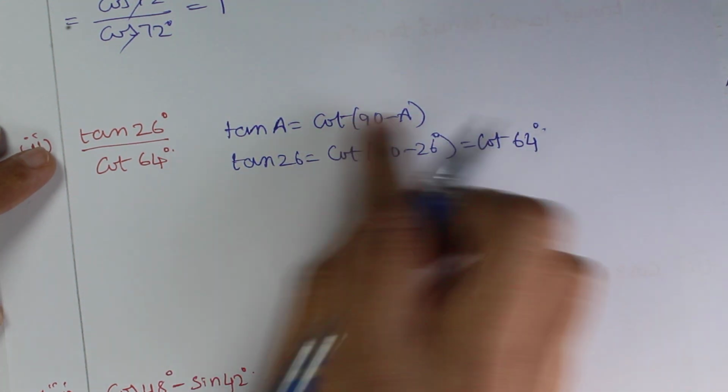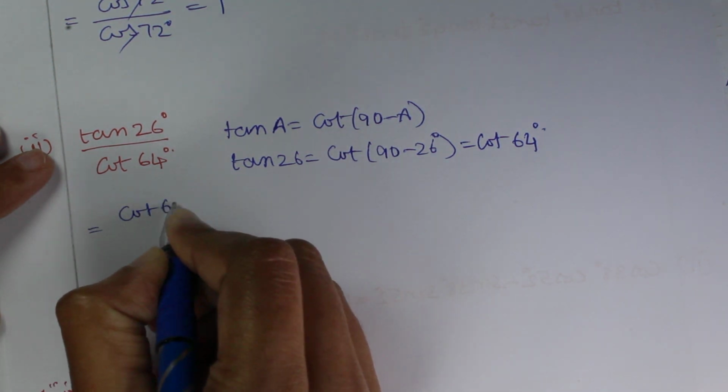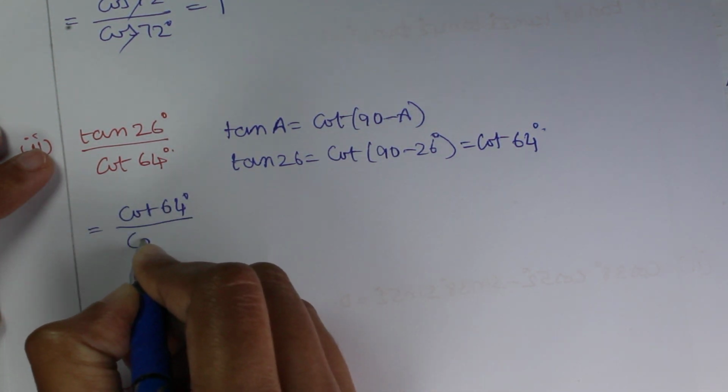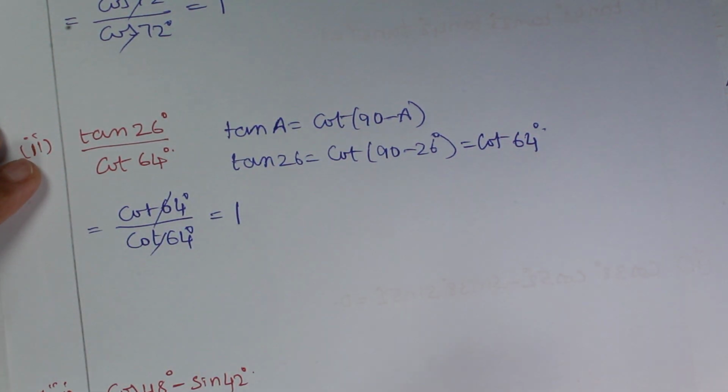So I will substitute cot 64 in the place of tan 26 degrees. That is cot 64 degrees divided by cot 64 degrees, that is equal to 1. Okay, hope this is clear for you.